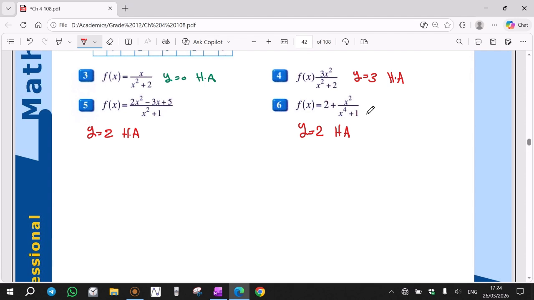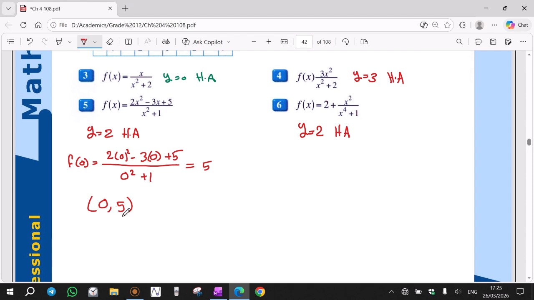Point plotting is the very efficient way to match function to their graphs. I'm going to calculate f of 0 because 0 is easy to calculate. It's going to be 2 times 0 squared minus 3 times 0 plus 5 divided by 0 squared plus 1. Result is going to be 5 over 1, which is just 5. Make the calculation point. X is 0, y is 5.